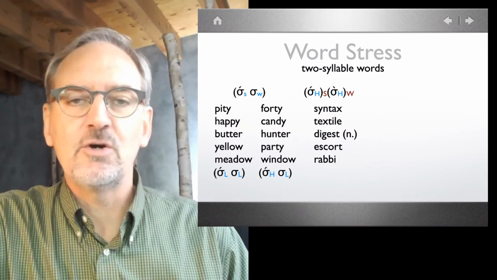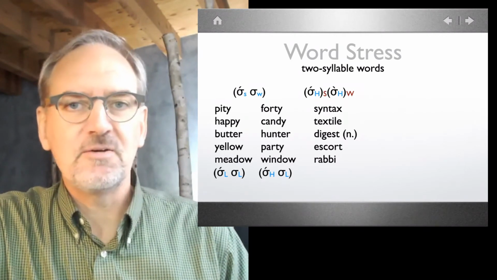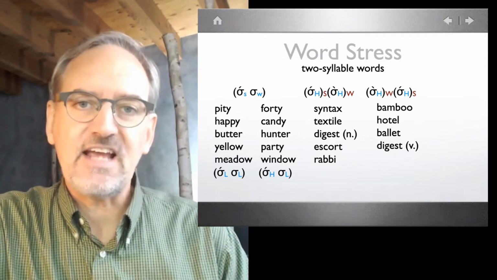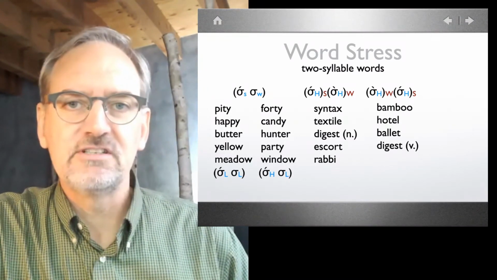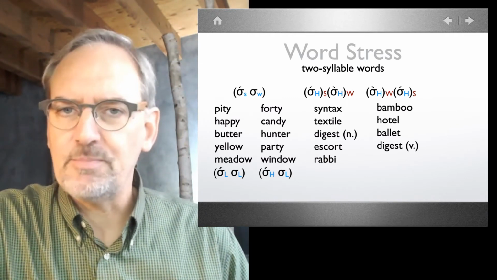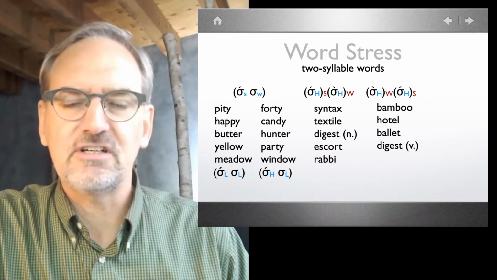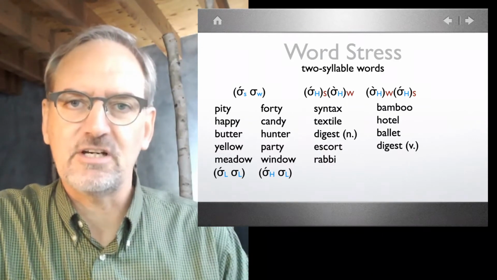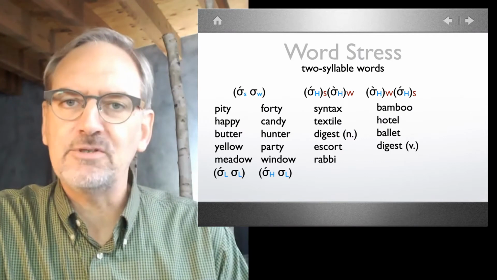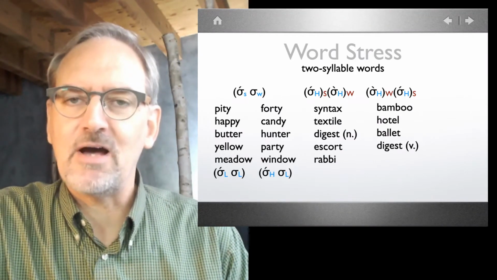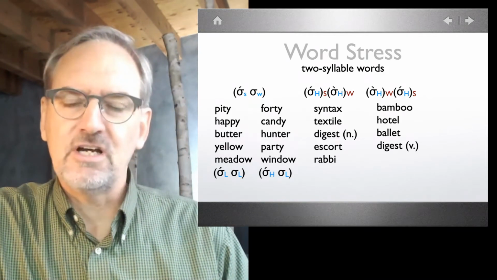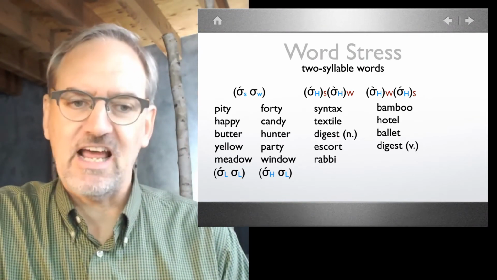In some cases, we have two-syllable words made up of two monosyllabic feet in which the second foot is the strong foot and the first foot is the weak foot. This is actually not a typical pattern for the English phonology, for English rhythm. These words either come from other languages and we've kept something about their original pronunciation, or sometimes they might involve combining word parts together.